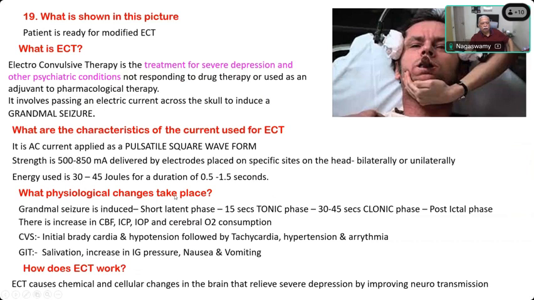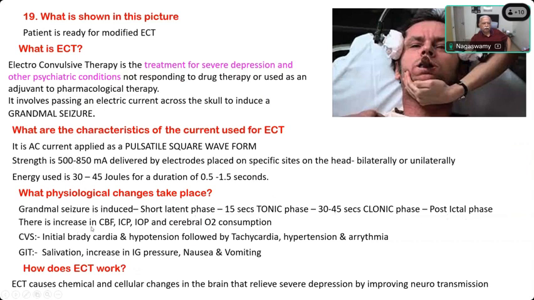The physiological changes that take place: a grand mal seizure is induced, which has a short latent phase, followed by 15 seconds of tonic phase, followed by 30 to 45 seconds of clonic phase of seizure. There is a post-ictal phase.